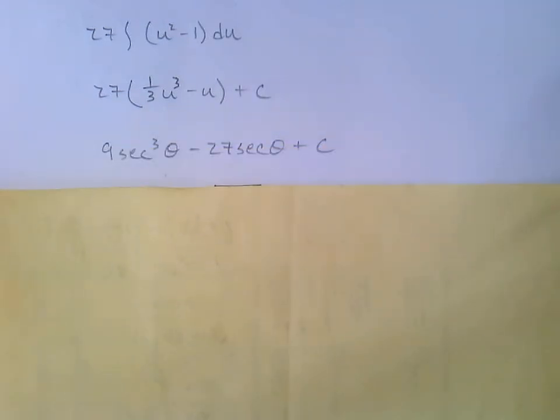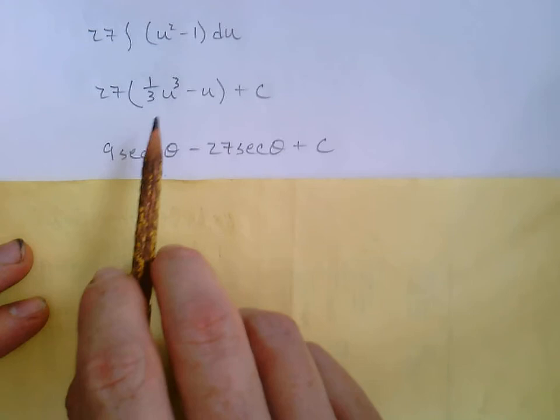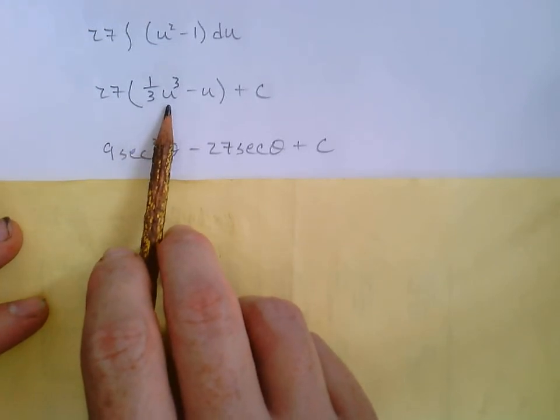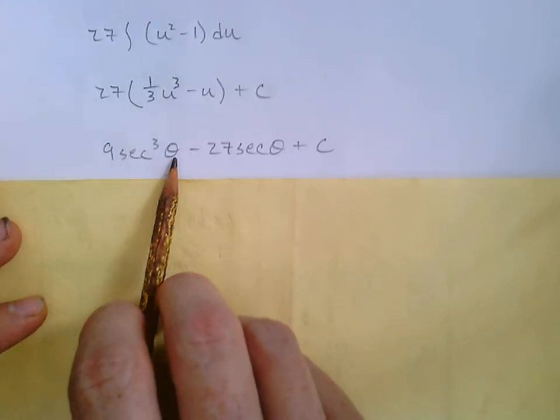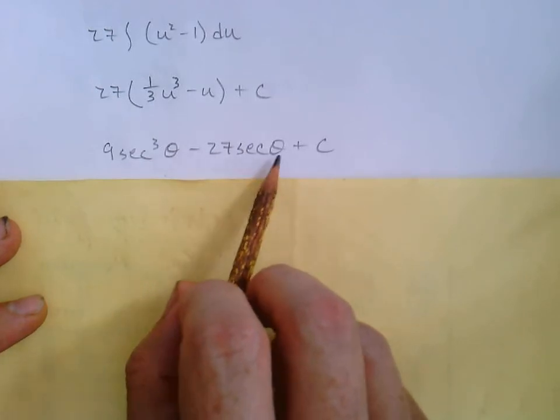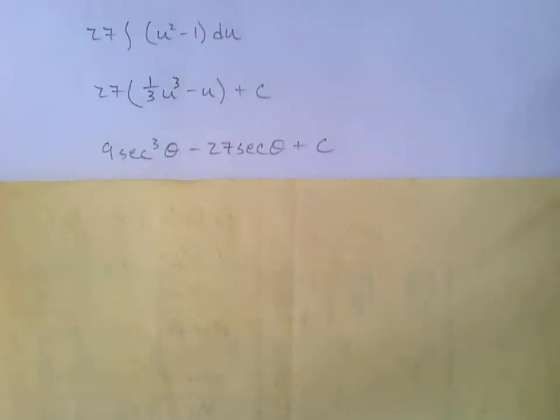And cleaning that up, putting our u back in on the same step. No problem there. So we've got the 9, and from a few steps ago, u was secant theta. So we've got 9 secant to the third theta minus 27 secant theta plus c. Looks good.